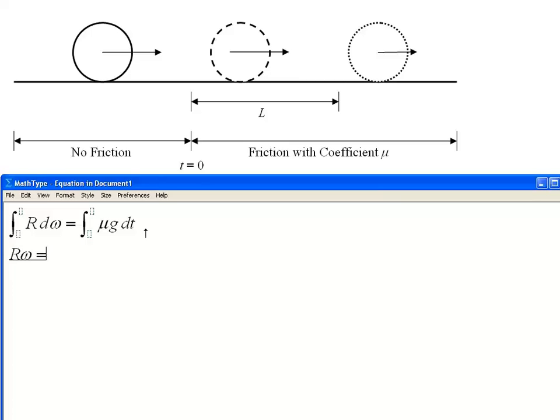Integrating gives us r omega equals mu gt. And doing a little cross multiplication, we come up with the expression we're looking for. Angular velocity equals mu gt divided by the radius.